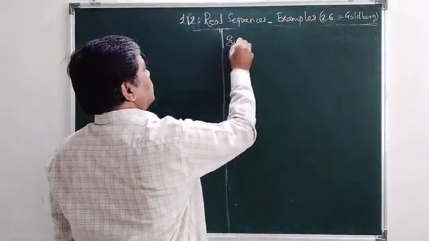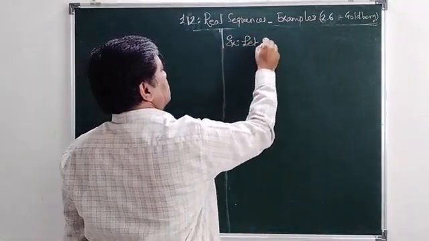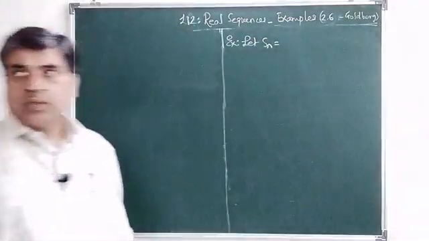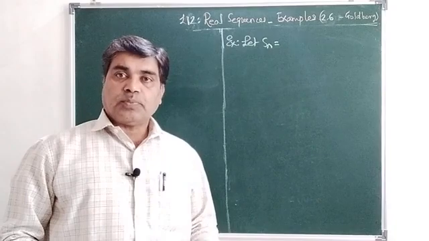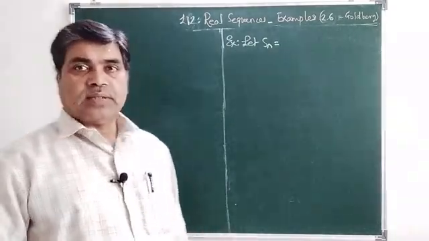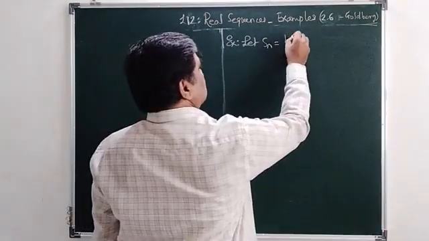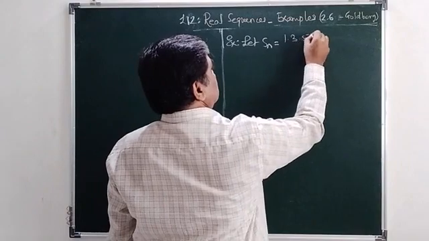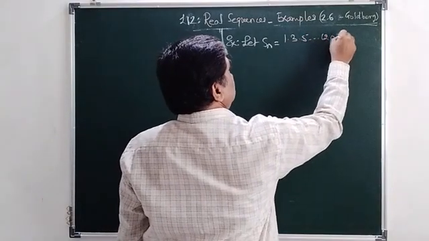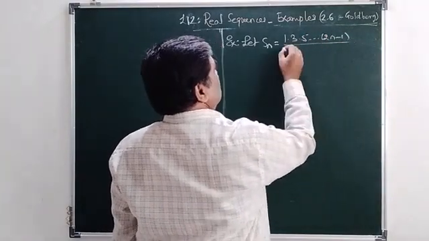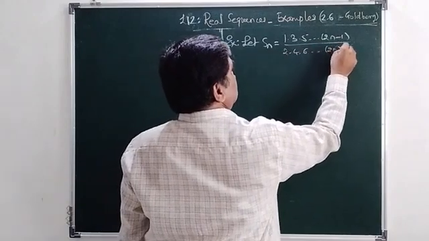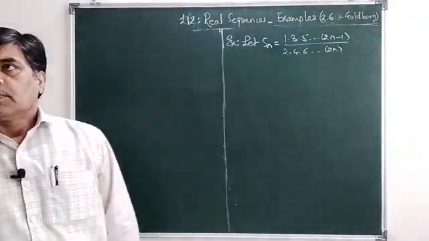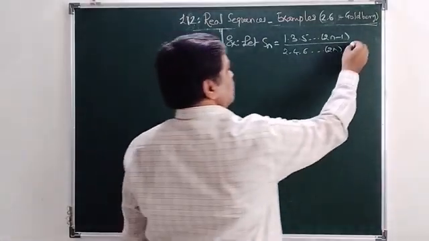Let Sn be equal to the product of odd natural numbers in the numerator, 1, 3, 5, dotted up to 2n minus 1, upon 2, 4, 6, dotted up to 2n, for every n.